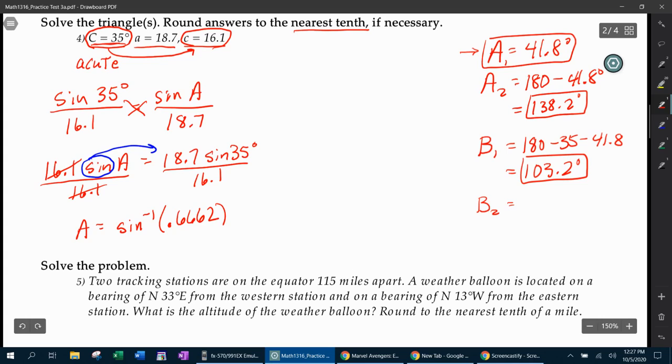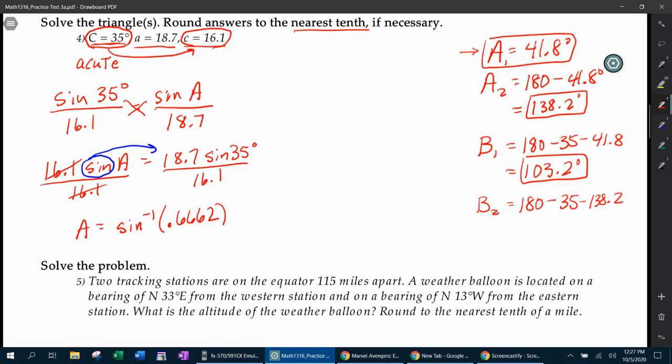Now, B2 would have to be 180 minus C minus A2, 138.2. If I do that calculation and I end up with a negative number or 0, that means that there would not be a second triangle. There would not be a second set of answers.